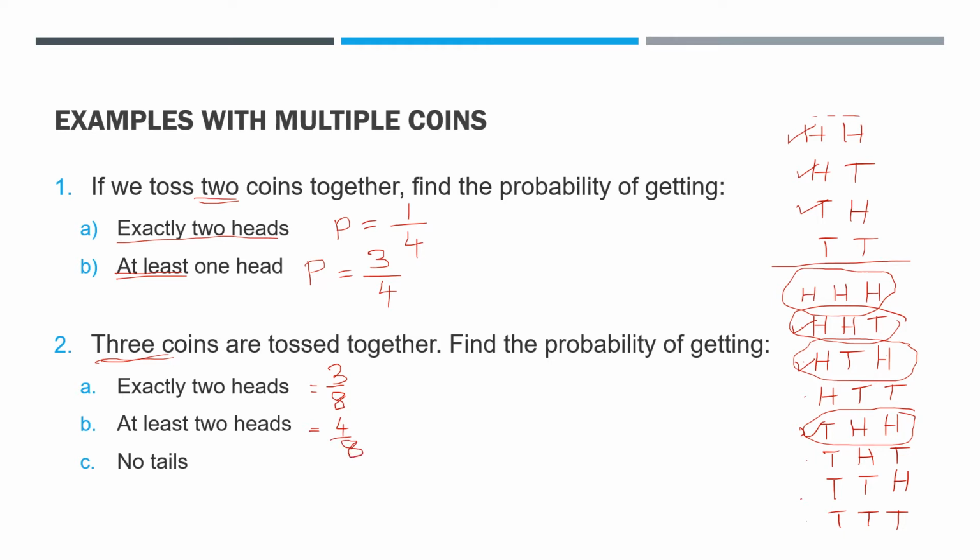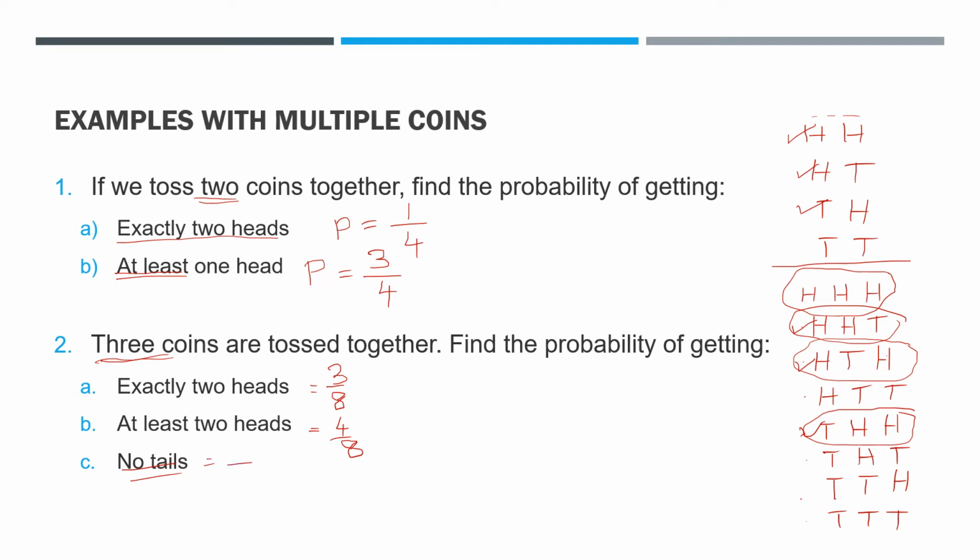Wonderful. Pardon my handwriting. I'm trying to use a tablet here. Now the last problem here. Find the probability of getting no tails. No tails at all. Well, there is only one such outcome, all heads. So this is very simple.